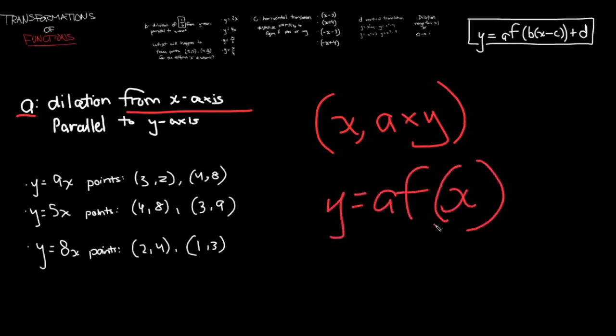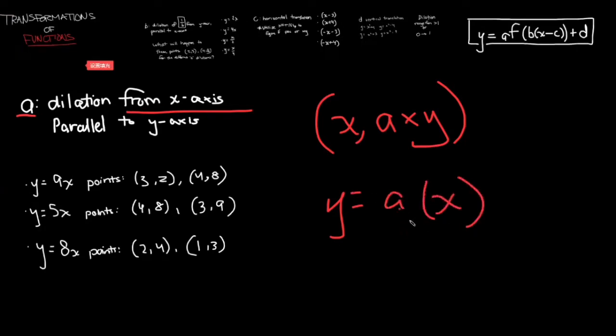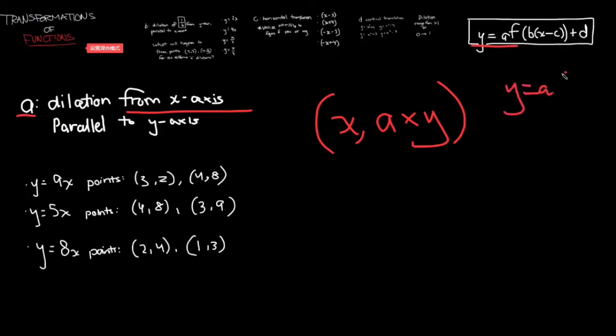And f(x) is just an example, but you could really write it out as a times x. So this is sort of how you would write it down. Mainly you would write it as y equals a f(x), and this is what is represented.